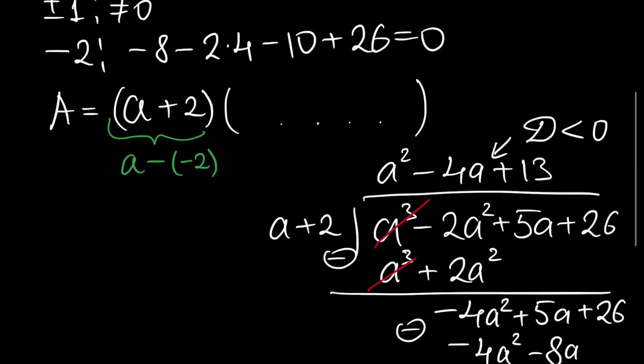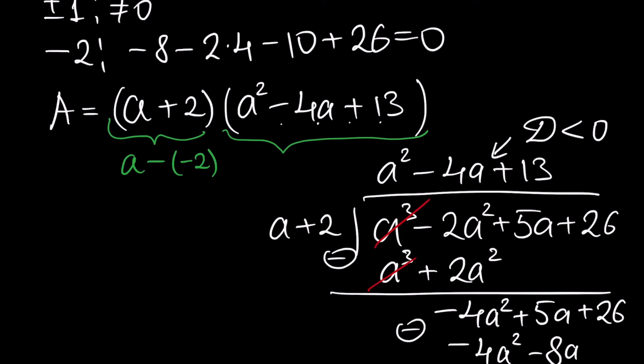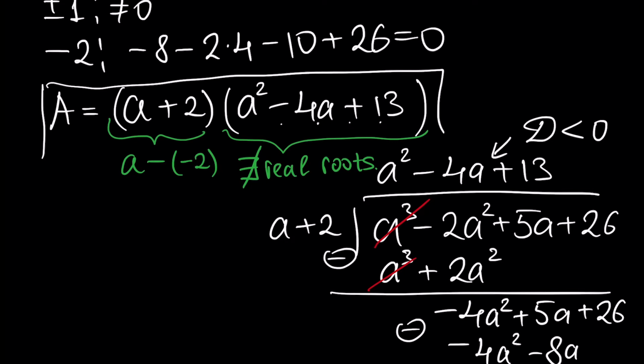And we write a squared minus 4a plus 13, and this polynomial does not have real roots. And so we represented our a as a multiplication of two polynomials of degree 1 and 2.